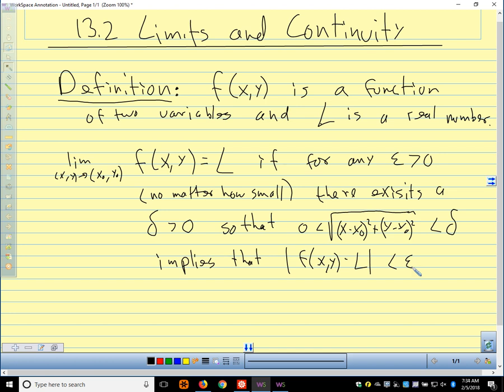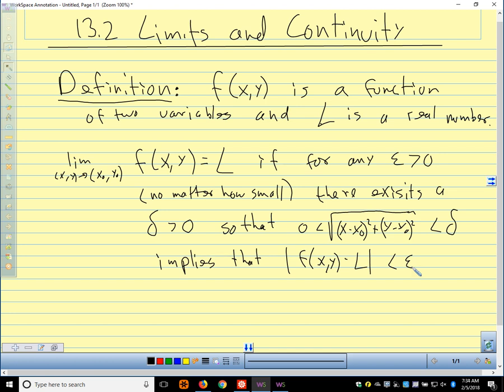Now this quantity, the square root of (x minus x0) squared plus (y minus y0) squared, in 2 dimensions takes the place of the absolute value of x minus x0. Because isn't that just the distance between (x, y) and (x0, y0)? That's the distance formula.